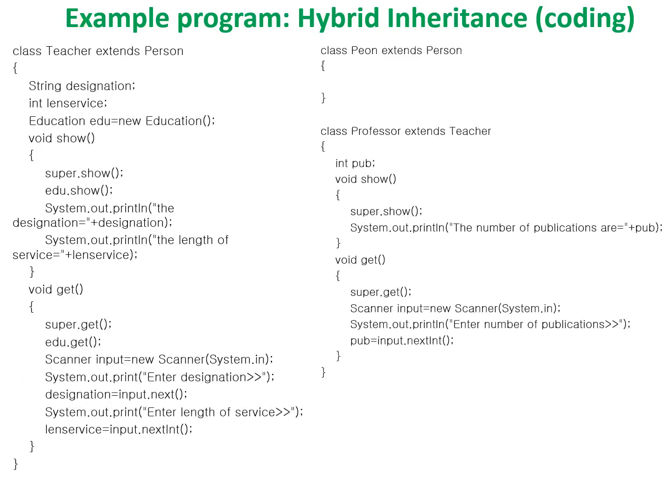Here, the teacher class extends the properties of person, the Form class extends the properties of person, and the professor class extends the properties of teacher. Here we use the super keyword to call the show method and the super keyword to call the get method, and then in the professor class we use the super keyword to call the get method and the super keyword to call the show method.